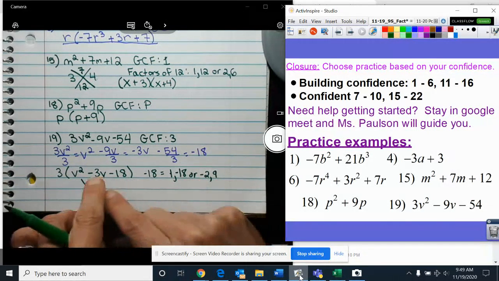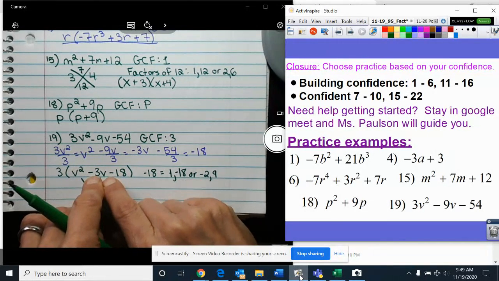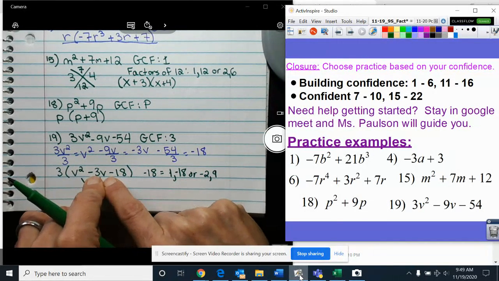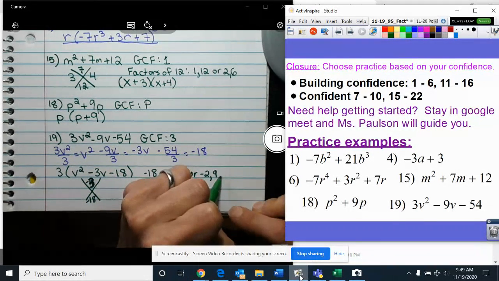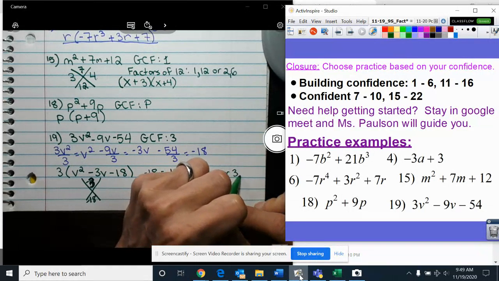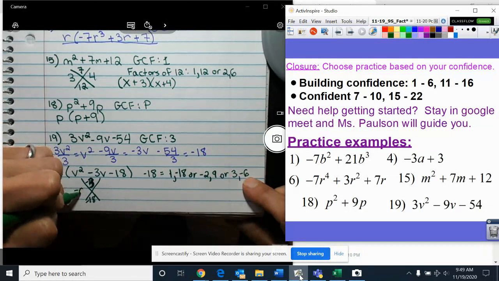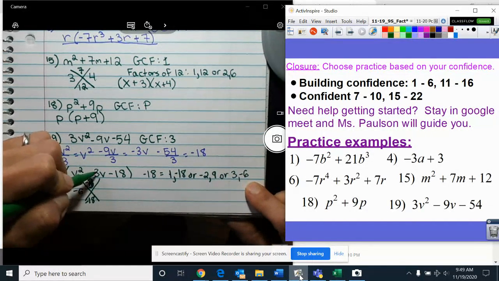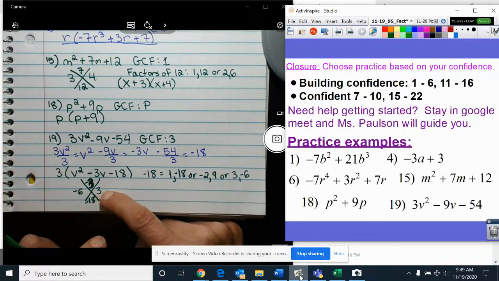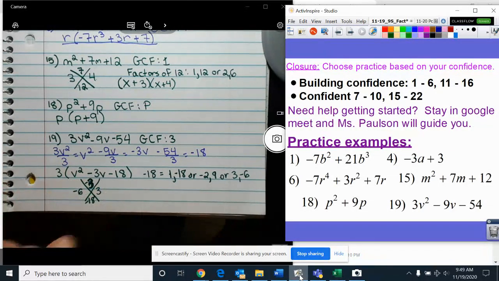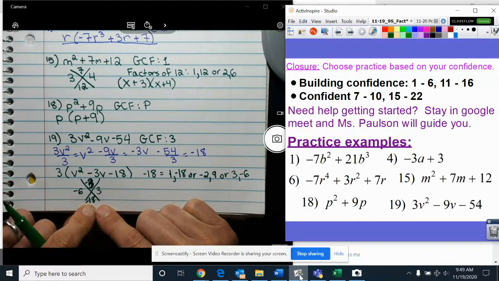With 2 and 9, we could get to 7, or negative 7, or 11, or negative 11, but never negative 3. So the factors that we're going to use are 3 and negative 6. Negative 6 plus 3 gives us negative 3, and negative 6 times 3 gives us negative 18.